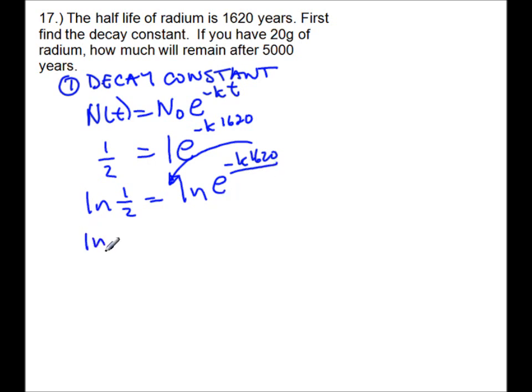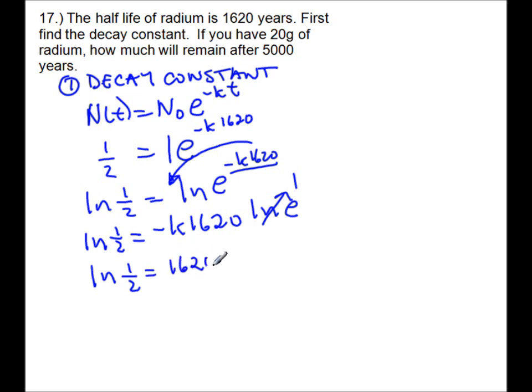So now I get natural log 1/2 equals negative k times 1620 natural log e. Now, the natural log of e, what does that equal? 1. Anything times 1 is the same thing. So now I get natural log 1/2 equals negative 1620k.